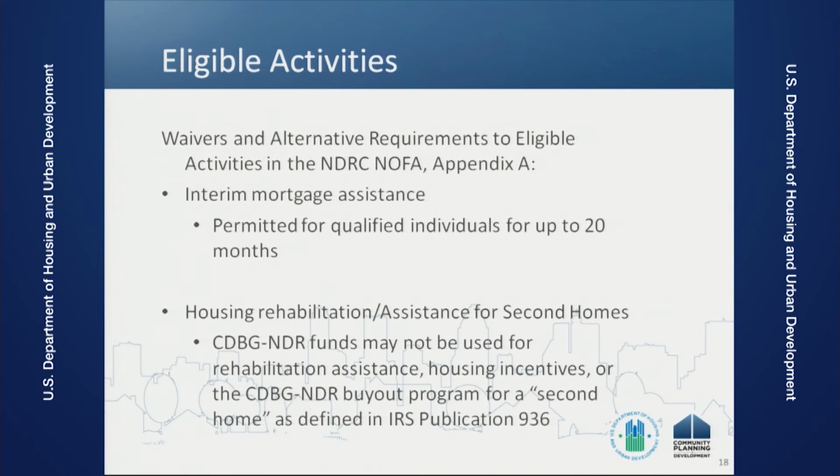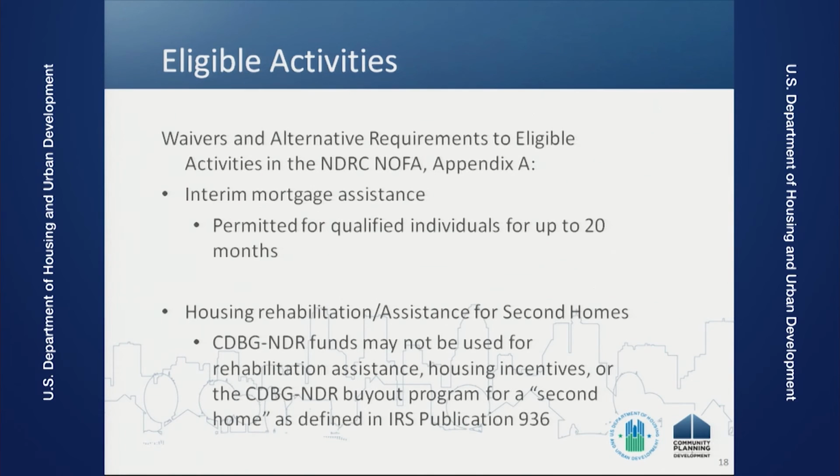Appendix A also places a limitation on the housing rehabilitation or assistance eligible activity. Under the National Disaster Resilience Competition, CDBG-NDR funds may not be used for rehabilitation assistance, housing incentives, or the CDBG-NDR buyout program for a second home as defined in the IRS publication 936.